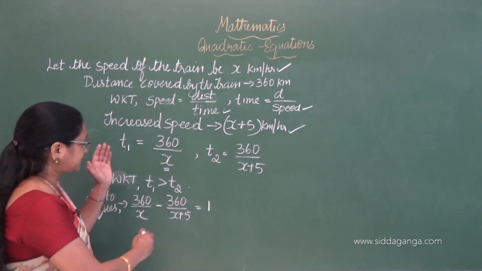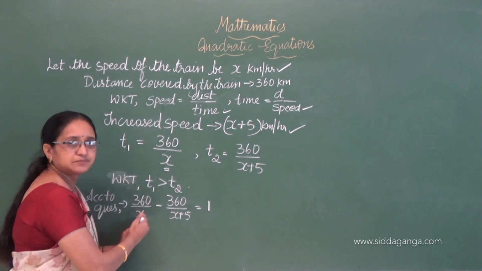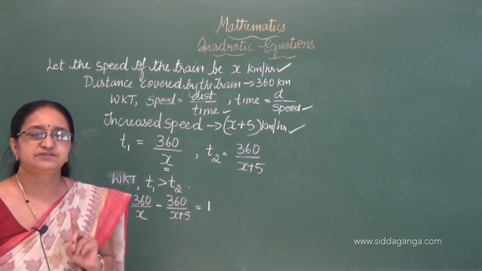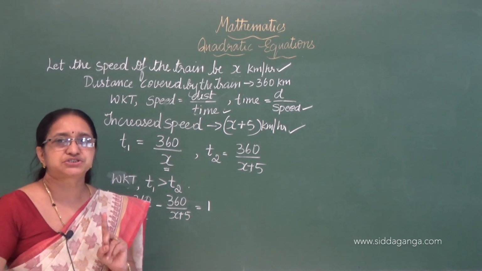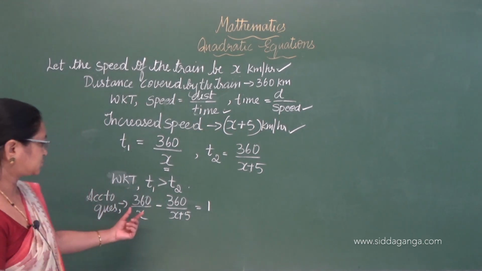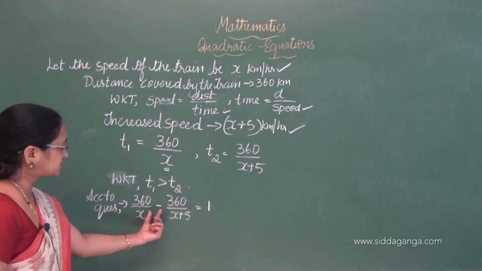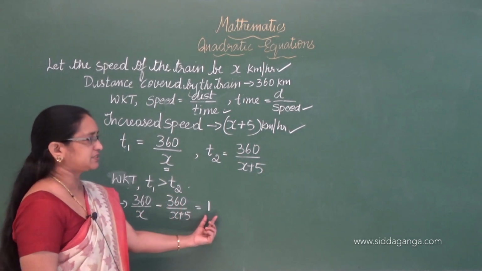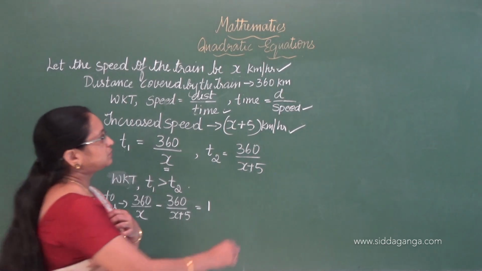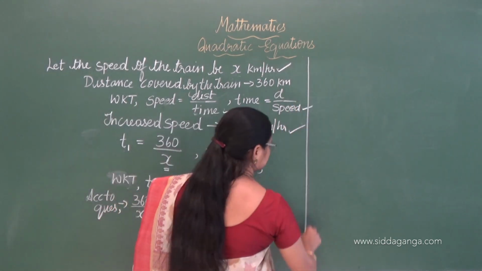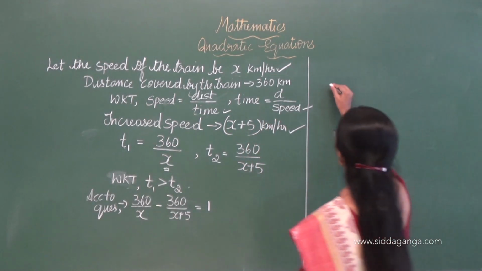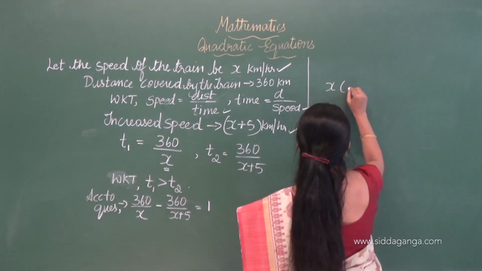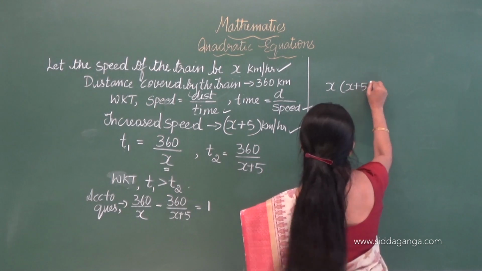Because the difference in the time taken by the train is 1 hour. Now we got the equation and you know how we can solve it. Now take x and x plus 5 as the LCM.